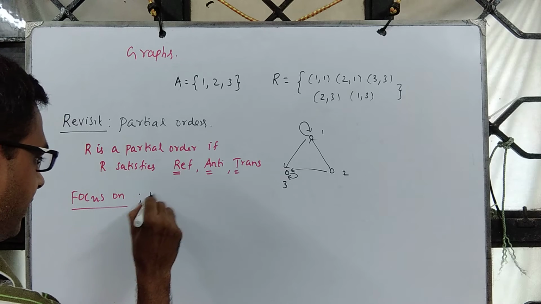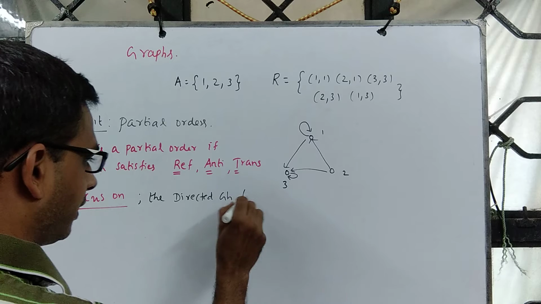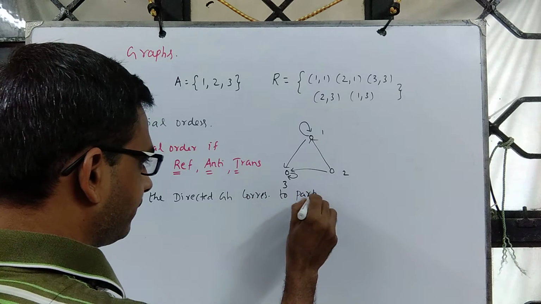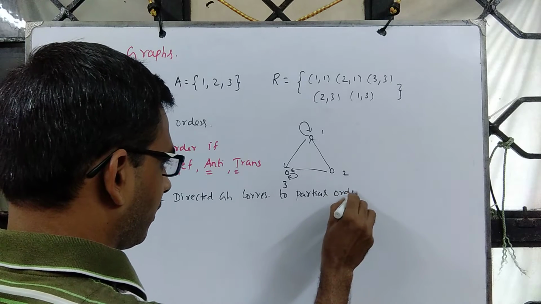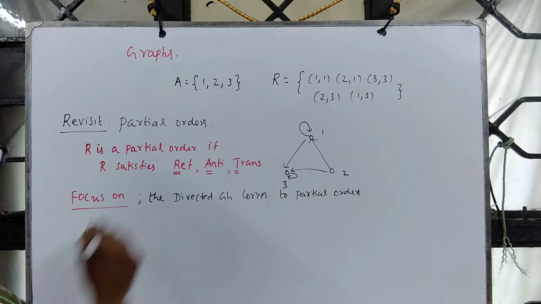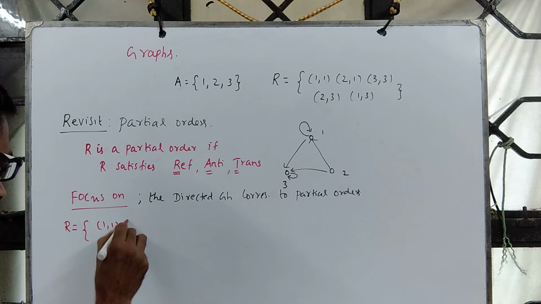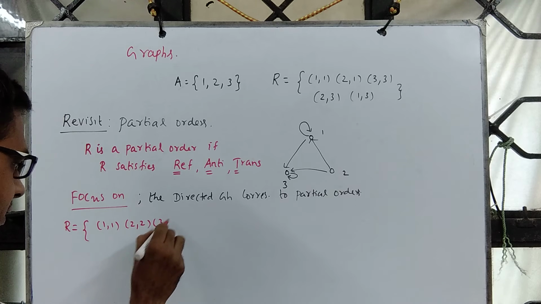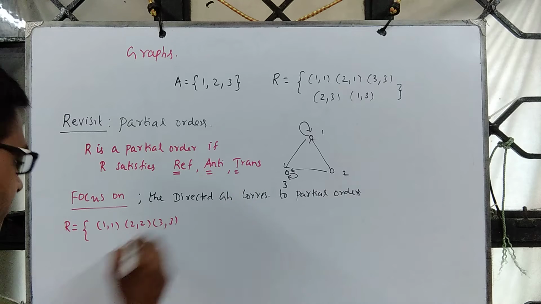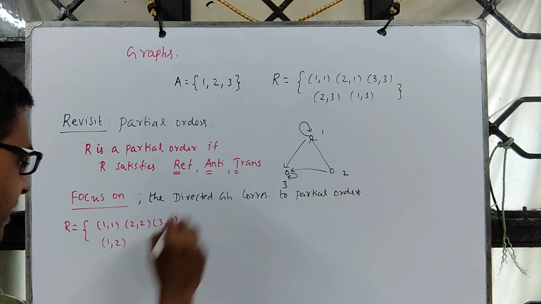So focus on the directed graph corresponding to partial orders. Let's fix this set and take R to be (1,1), (2,2), (3,3), and it should be antisymmetric, so (1,2), and it should be transitive as well.